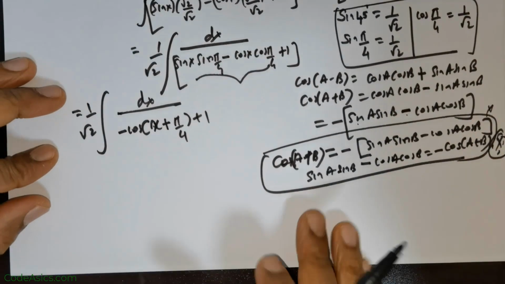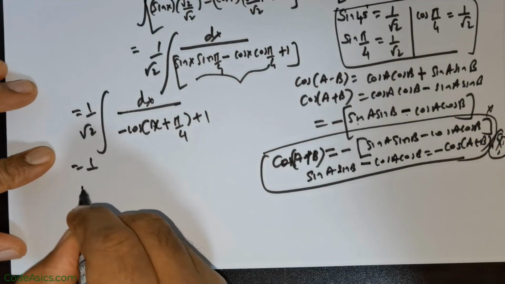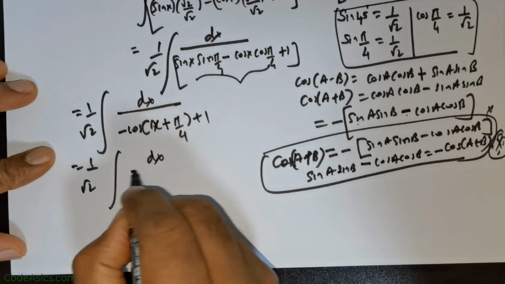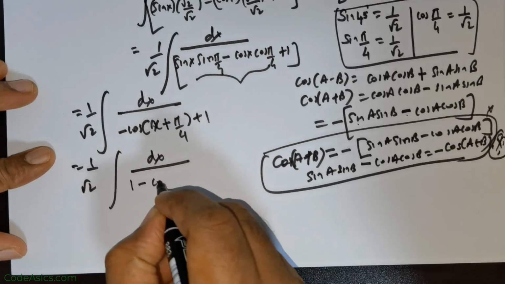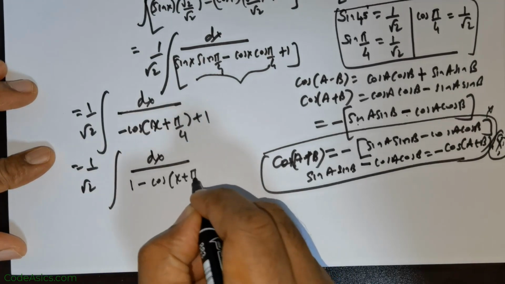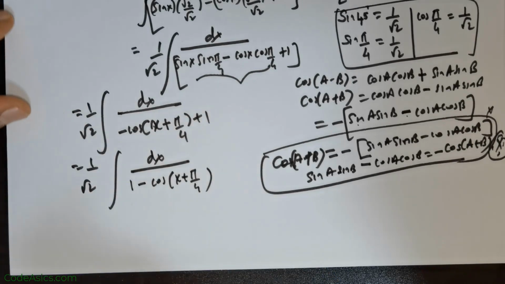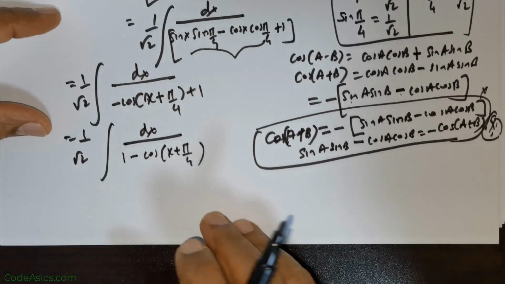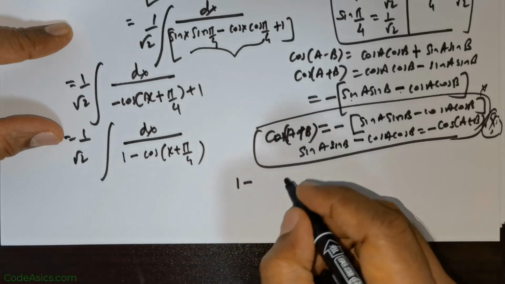So now I can rewrite this as 1 over root 2 integral dx divided by 1 negative cos of x positive pi over 4. Now this is very similar to the formula which we have studied.